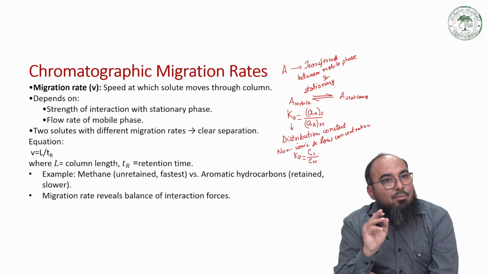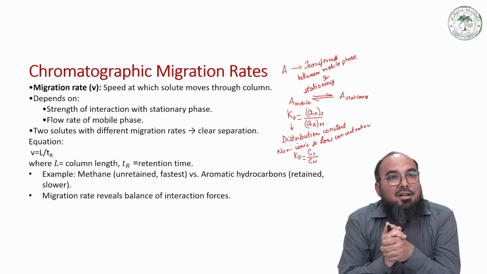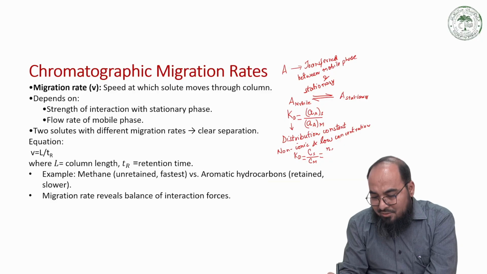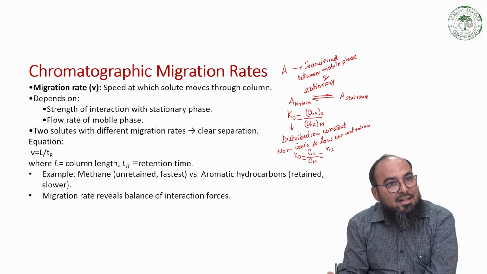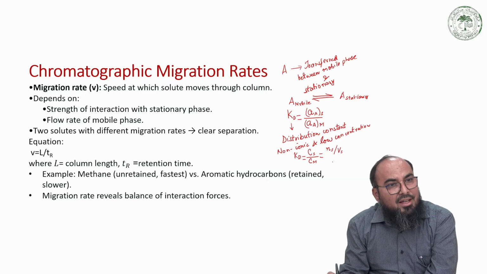Now it's a molar concentration. We can surely convert it in terms of the number of moles. So how can we define it? Number of moles of solute in the stationary phase, with subscript S, upon the volume of the stationary phase.